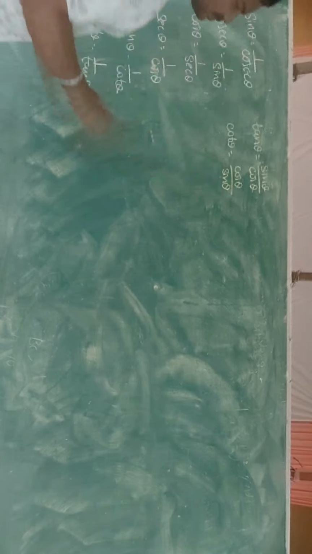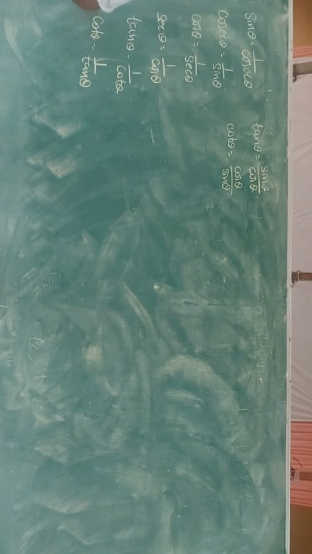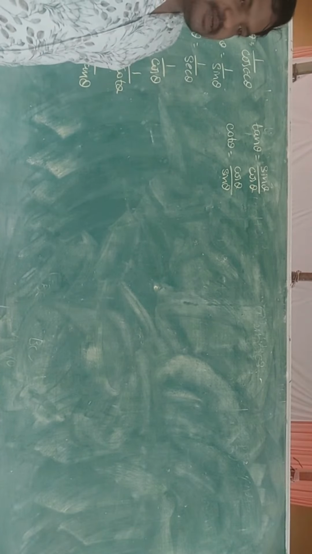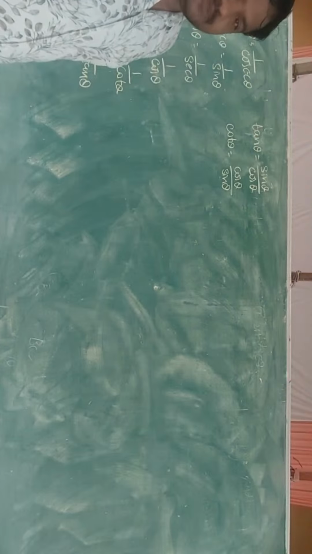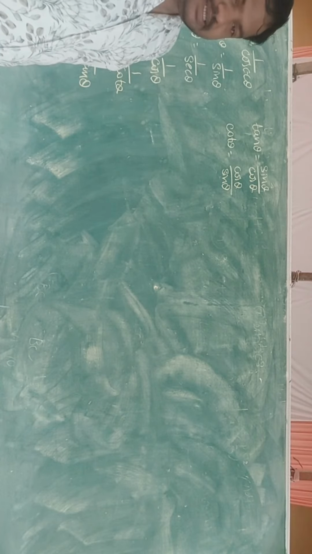After this we learnt standard angles. Sin 0 is 0, sin 30 is half, sin 45 is 1 upon root 2, sin 60 is root 3 upon 2, sin 90 is 1. Similarly, cos 0 is 1, cos 30 is root 3 upon 2, cos 45 is 1 upon root 2, cos 60 is half, cos 90 is 0.